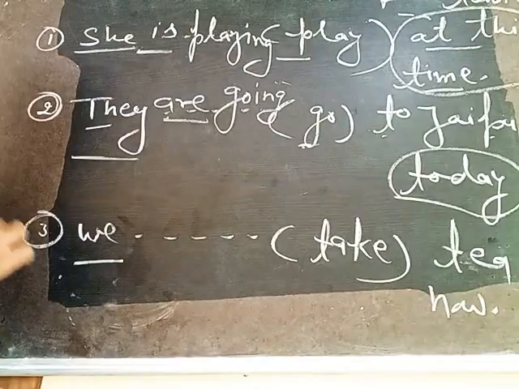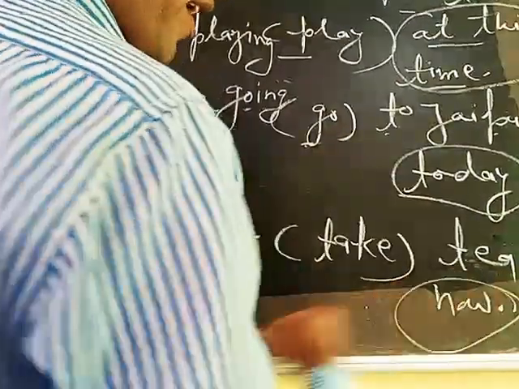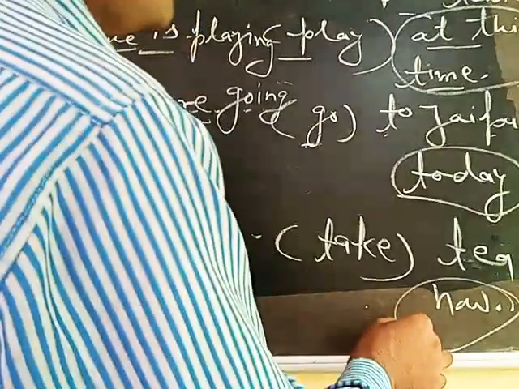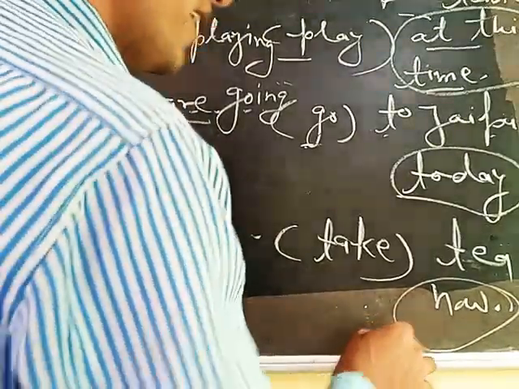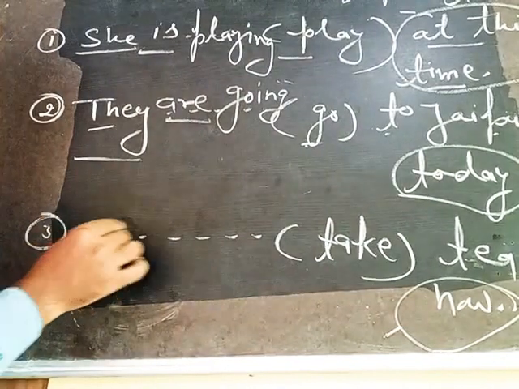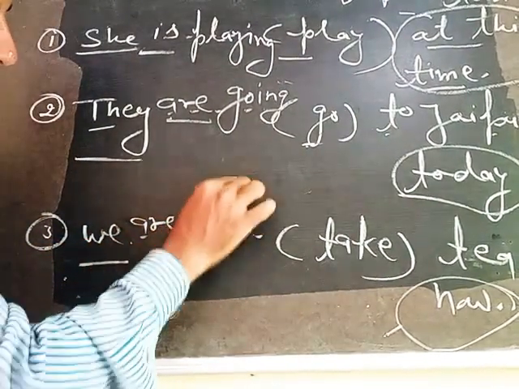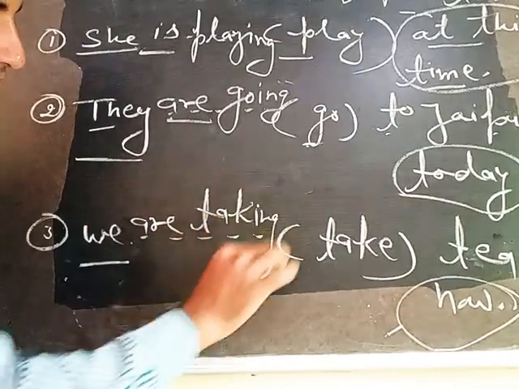Next, we blank take tea now. Now is an adverb which shows continuity and present, so we use present continuous tense. We are taking tea.